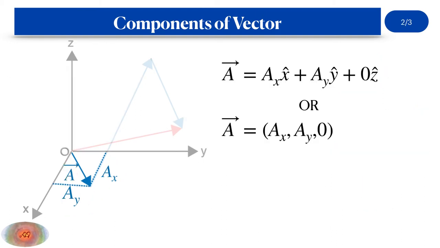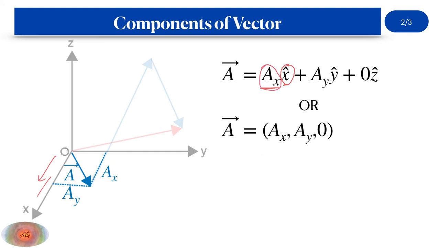Thus, the A vector can be represented in terms of its components, as it has A_x component along the x direction. So x cap represents the unit vector along the x direction. The magnitude of this x cap is 1, and it represents the direction along the positive x axis, and along that direction the magnitude of the vector is A_x.